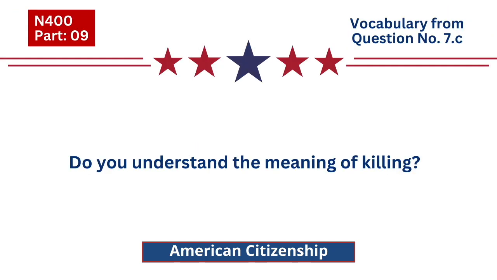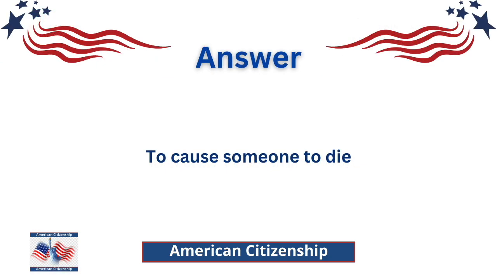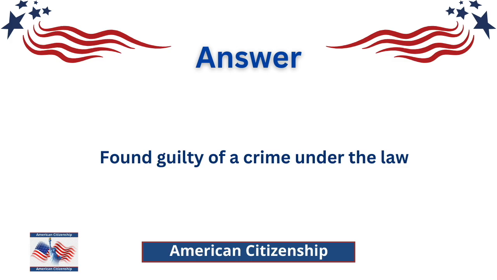Do you understand the meaning of killing? To cause someone to die. What is the meaning of convicted? Found guilty of a crime under the law.